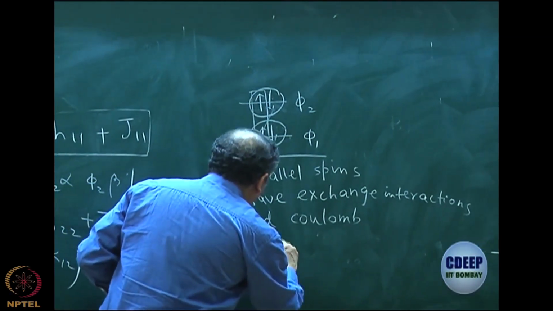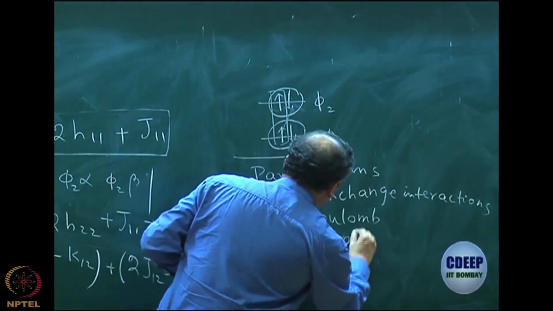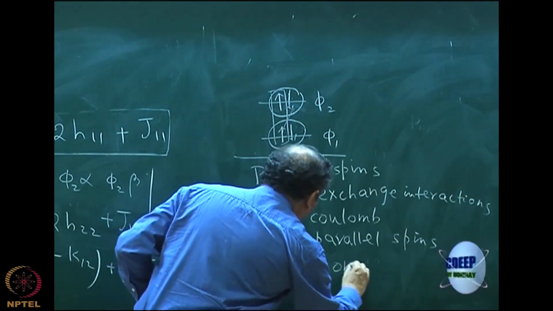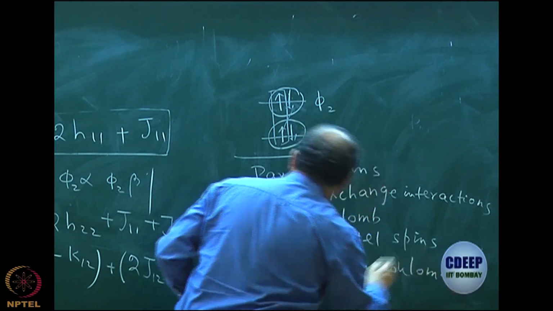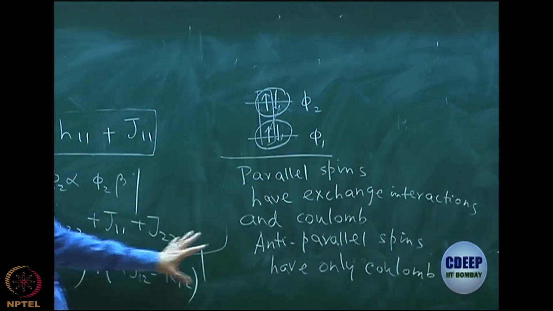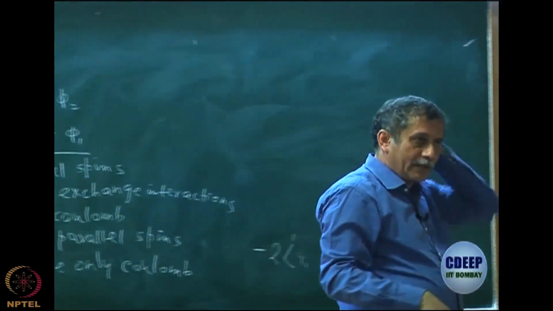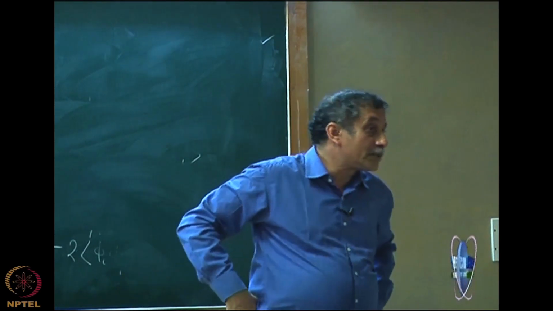So everything has Coulomb interactions. Anti-parallel spins, like 1, 1 here or 1, 2, have only Coulomb interactions. So eventually the final outcome is that if you have anti-parallel spins, they have the same space orbital.